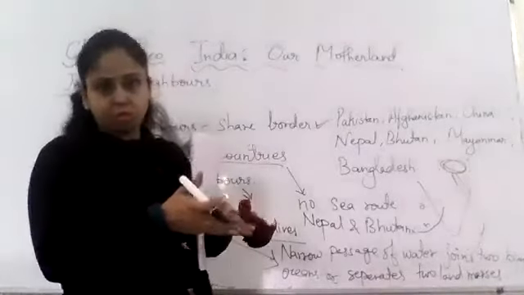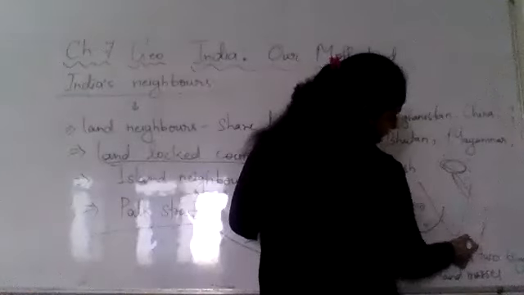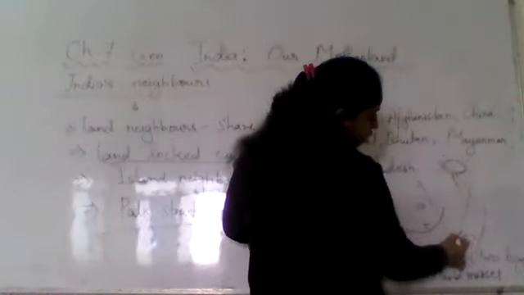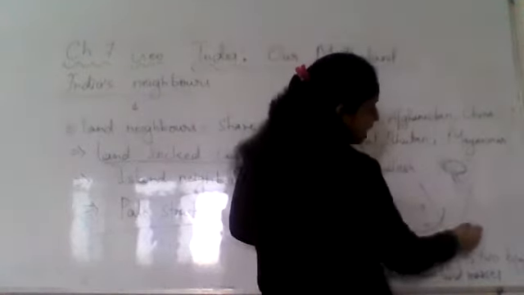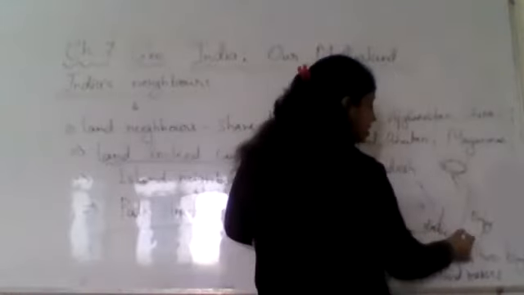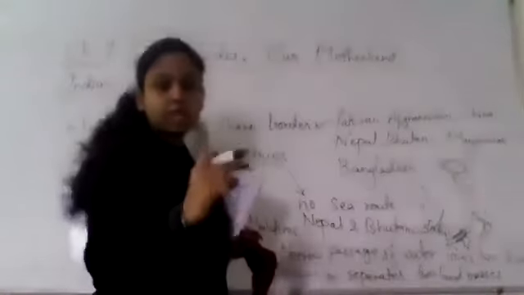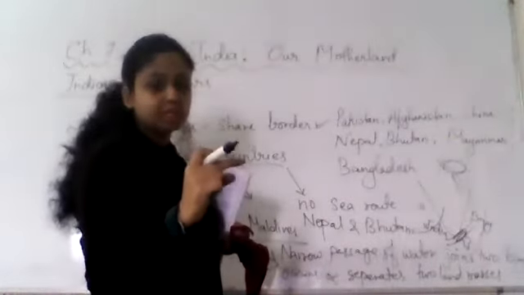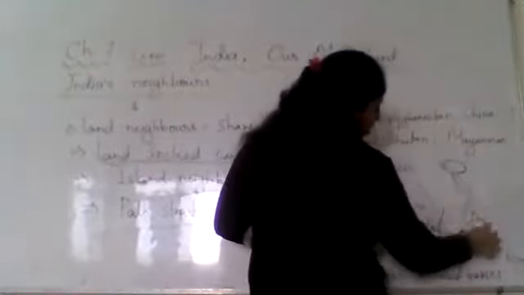A very narrow passage of water, like here we have Sri Lanka. Okay, so here you have Palk Strait. Understood? If you see the map, here you have Palk Strait, and here you have the Bay of Bengal, and here you have the Indian Ocean. So this Palk Strait actually joins the Bay of Bengal and Indian Ocean. It is a very narrow passage of water which joins the Indian Ocean and the Bay of Bengal.